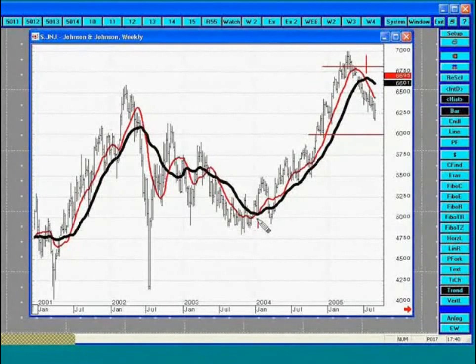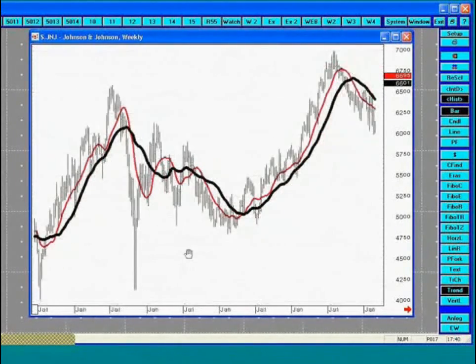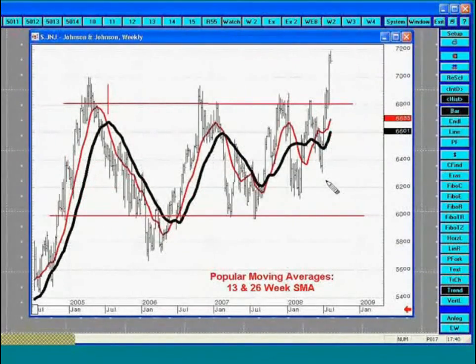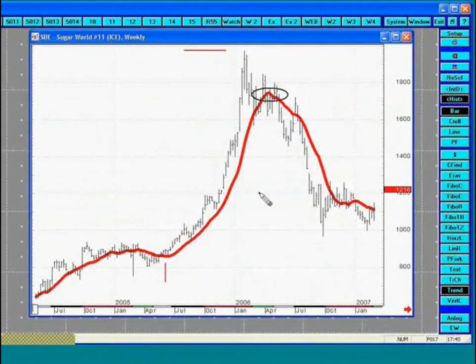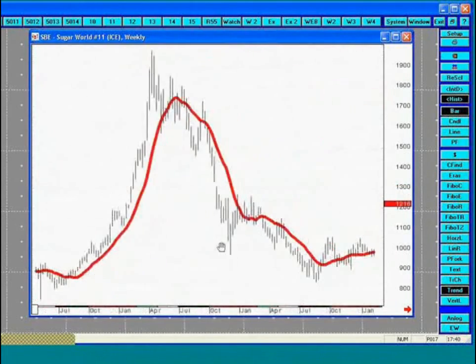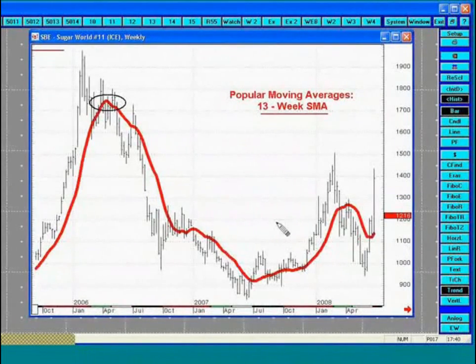I like the 13-week or the 13-period moving average on the weekly level in really all markets. It's a visual automated trend line. And then the 13 and 26, it's not bad as far as a crossover. But again, for me and my style of analysis, I like to keep things simple, and one line is enough for me.